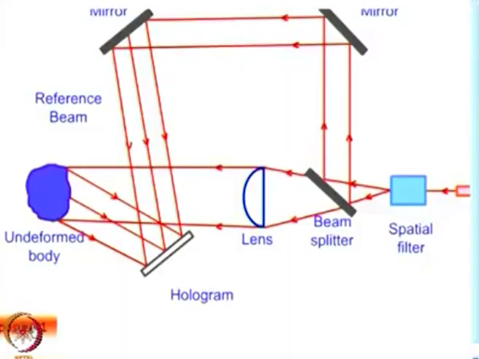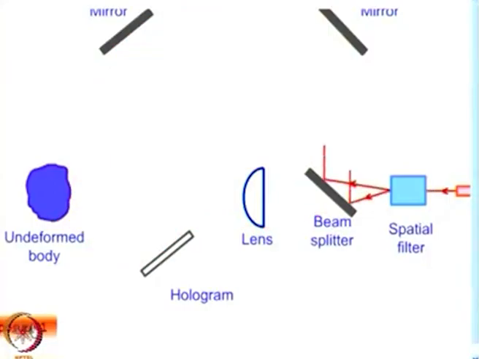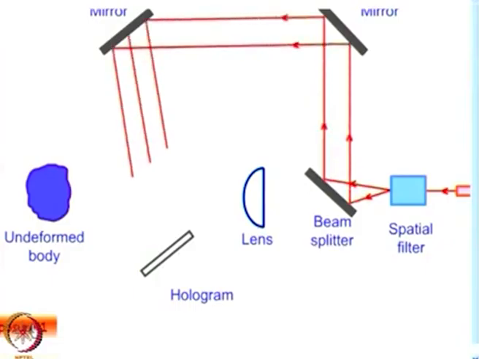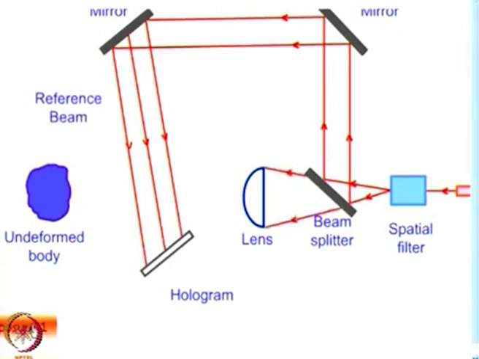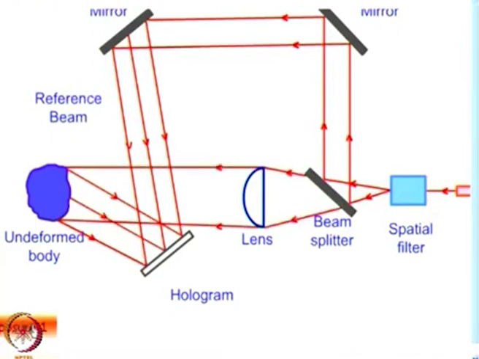So, you have to take care of that, and I will repeat exposure 1. You can have a look at how the whole exposure takes place. So, you have a reference beam, and you also have a beam reflected from the undeformed body. These 2 waves interfere, and then I get this pattern.